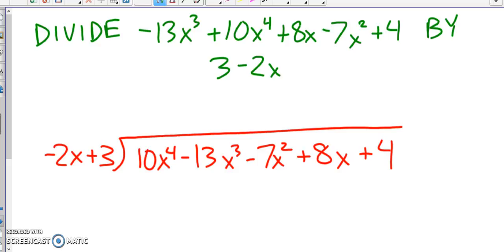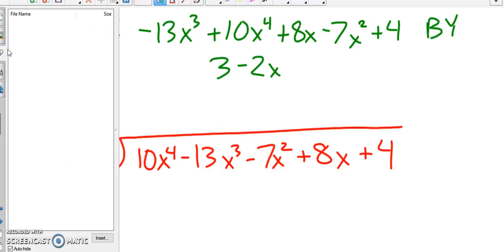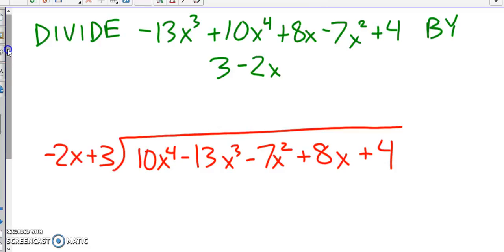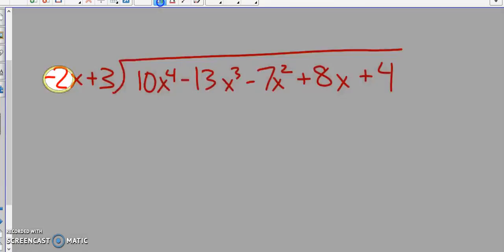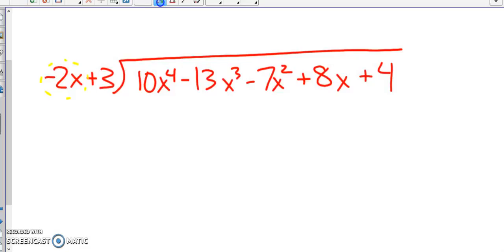All right. So once again, I'm going to look at this piece right here and this piece right here. I'm going to say, okay, what do I have to multiply negative 2x by to get 10x to the fourth? Well, negative 2 times negative 5 would be 10, and x times x cubed would be x to the fourth.